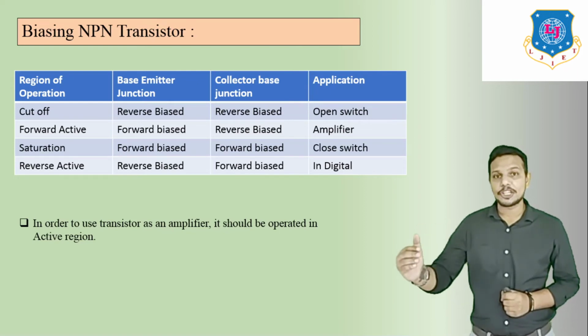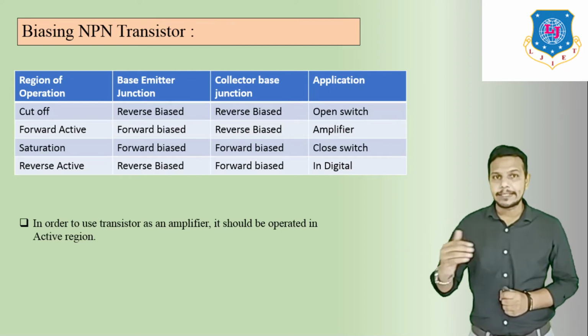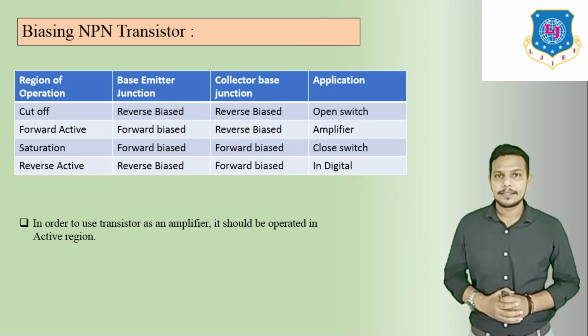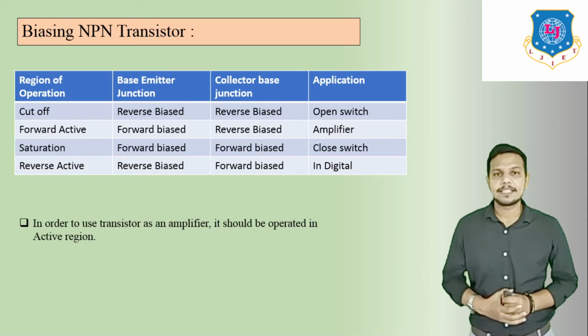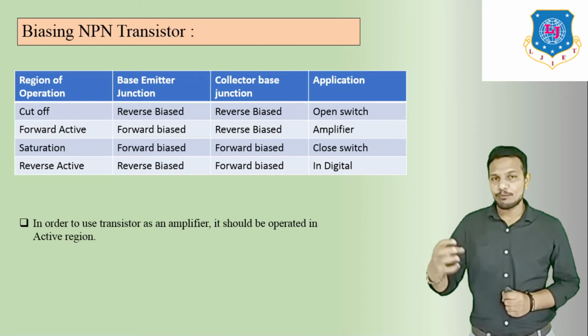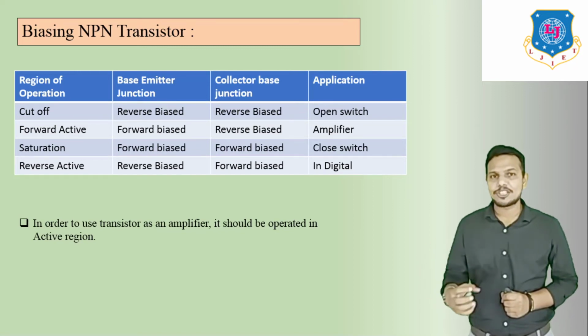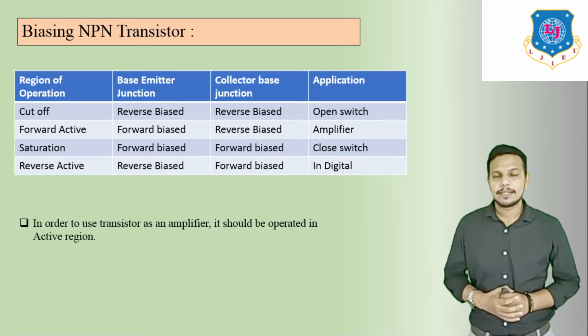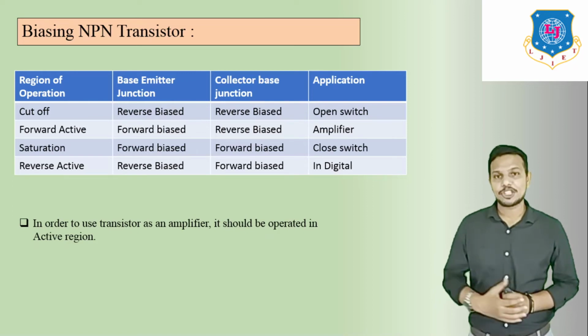If the base-emitter junction is forward biased and the collector-base junction is reverse biased, it works in the forward active region, and its application is amplification. If the base-emitter junction is forward biased and the collector-base junction is forward biased, it becomes the saturation region, and its application is a closed switch.